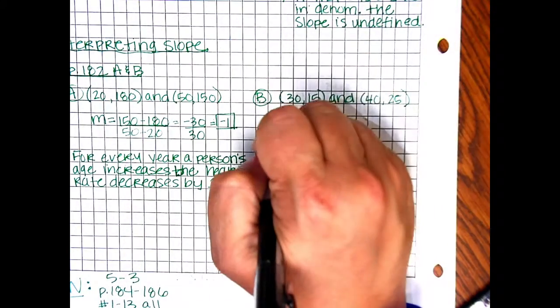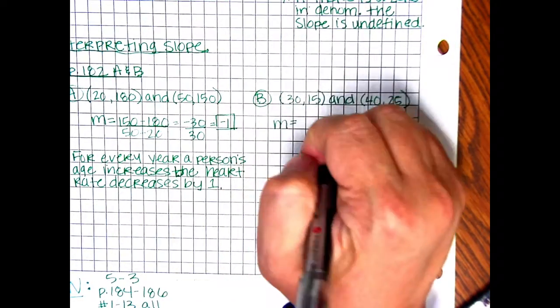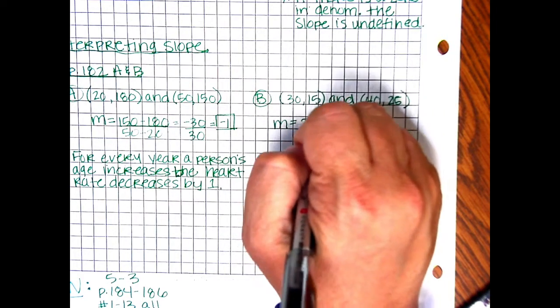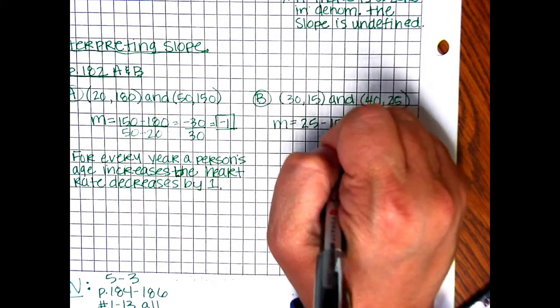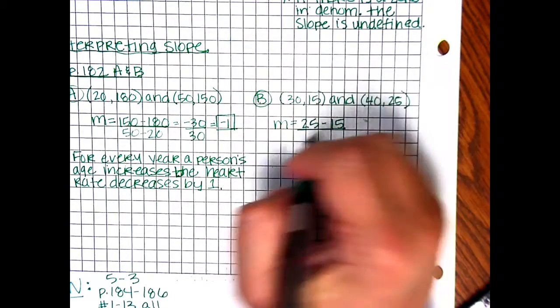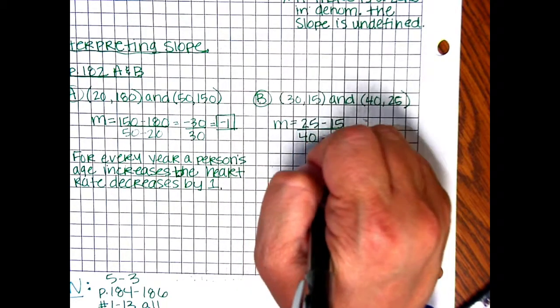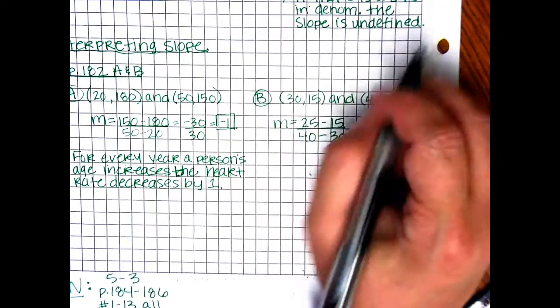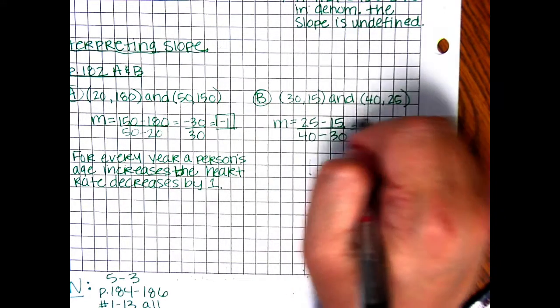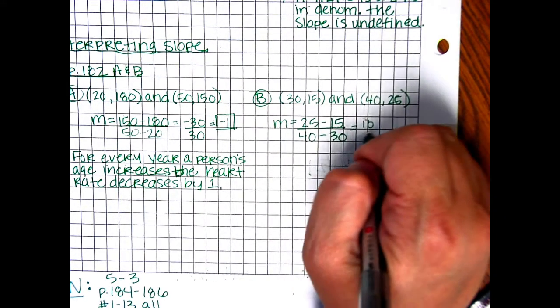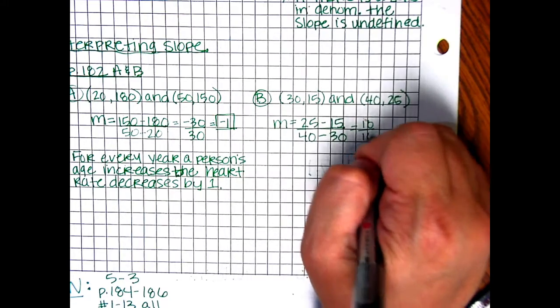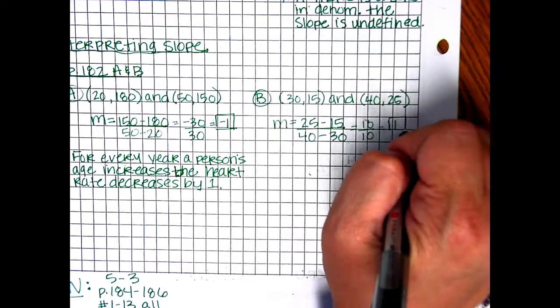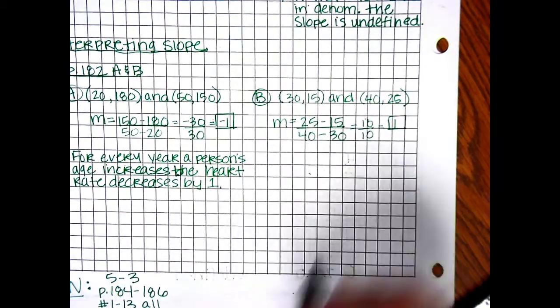So once again, we're going to plug them into the slope formula. So we have 25 minus 15 over 40 minus 30. 25 minus 15 is 10, and 40 minus 30 is 10. So we have a slope of +1 this time.